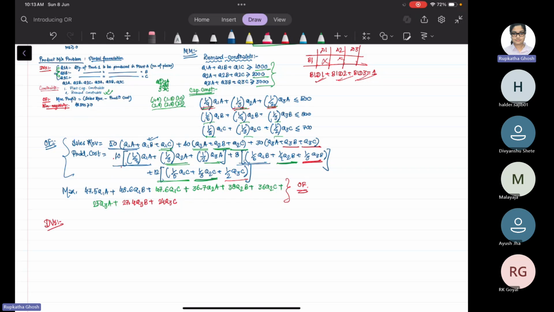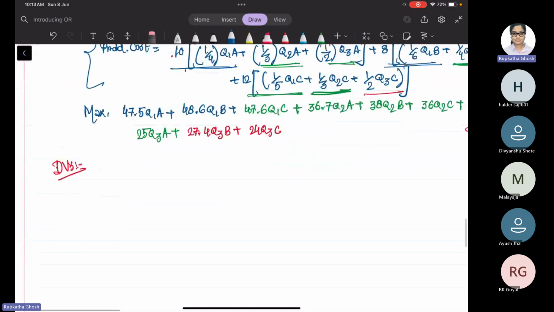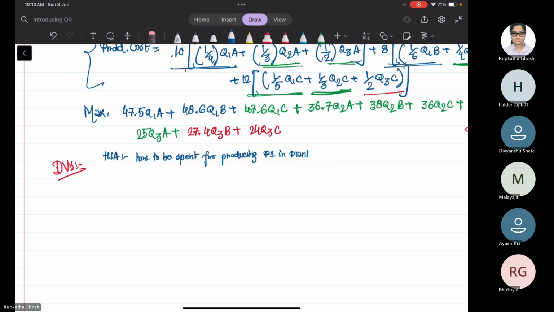Very interesting problem actually. In this case, the decision variable we specify is H1A, where H1A means the hours to be spent for producing product 1 in plant A. Similarly, we'll have H1B, H1C, H2A, H2B, H2C, H3A, H3B, and H3C.